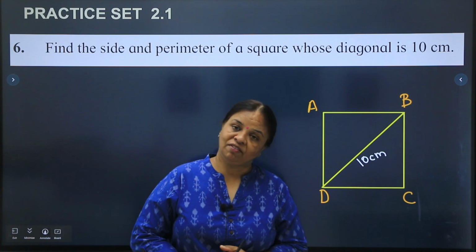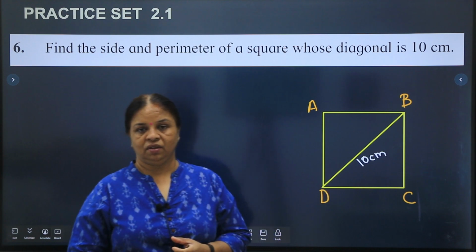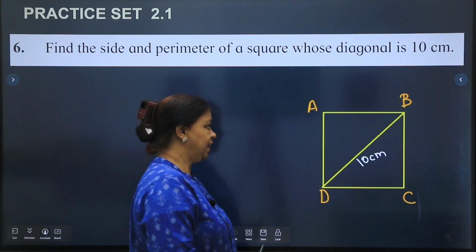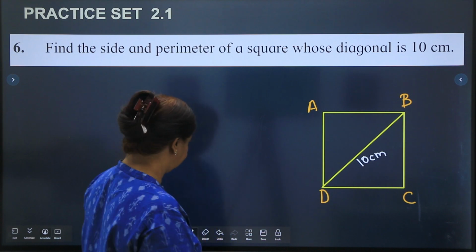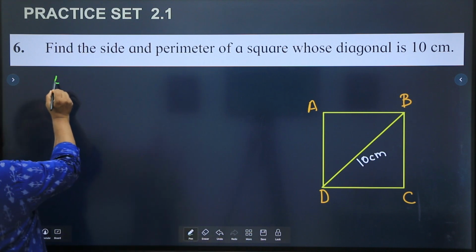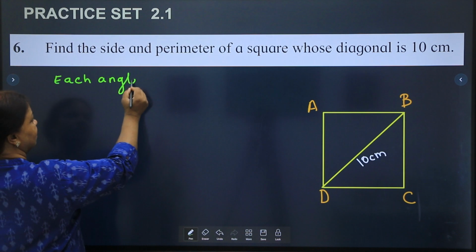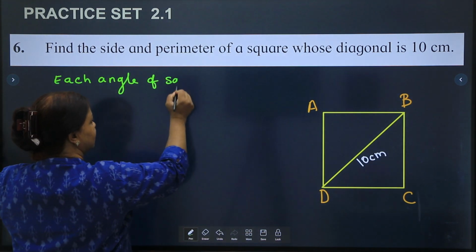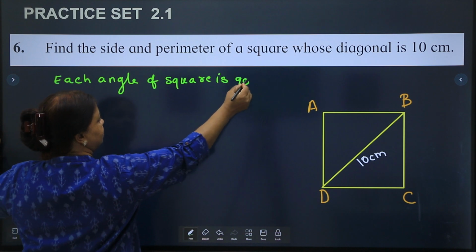In lower classes you have learned the properties of a square. The first main property of the square is each angle of a square is 90 degree. So we can write each angle of square is 90 degree.